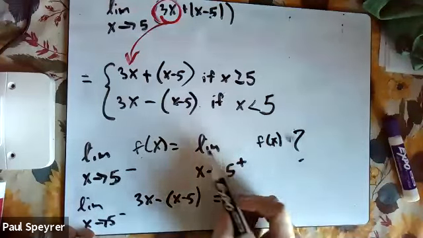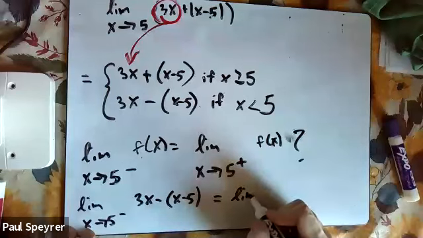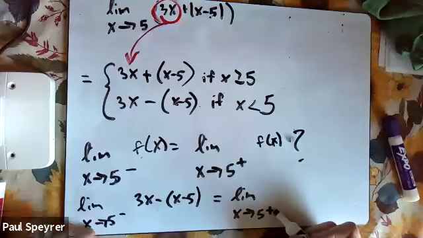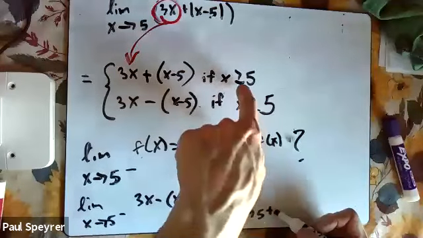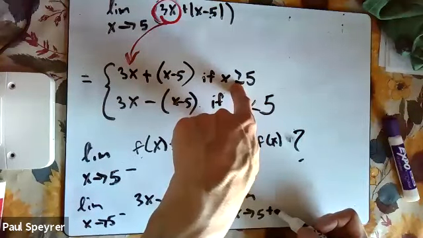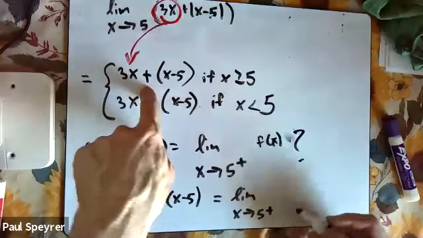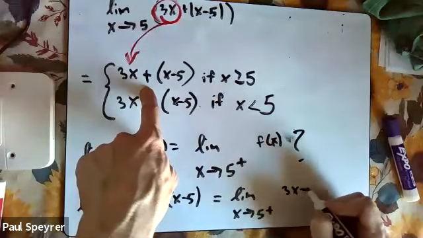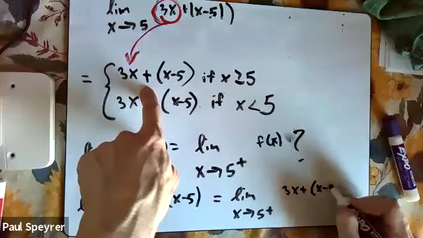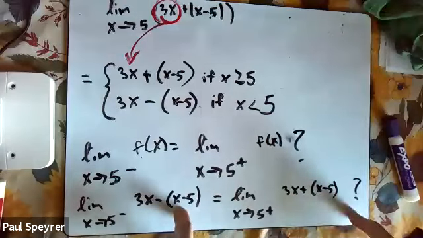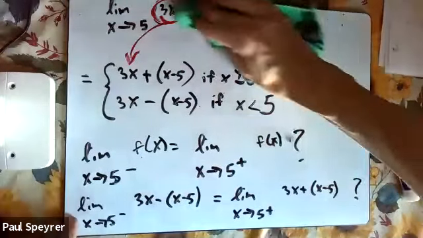And we're trying to see, does that equal the limit as x approaches 5 from the right? But remember, because we're approaching 5 from the right, we're not going to use this bottom function. We need to use this upper one right here, because that's for any value bigger than 5. And again, we're just trying to see, is this going to be true? That's why I put the question mark right there.